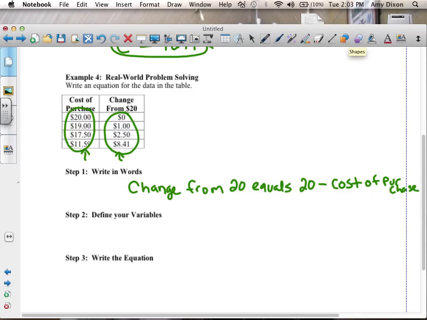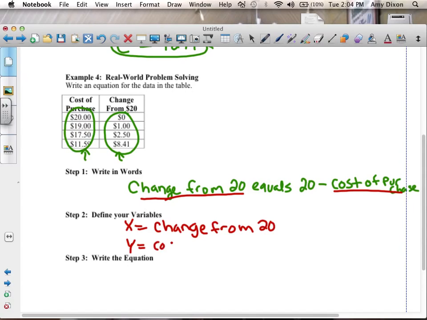So that's change from 20 equals $20 minus cost of purchase. The two things that we need variables for are change from 20 and cost of purchase. We can just use an x and y situation here: x for change from 20, and y for cost of purchase.